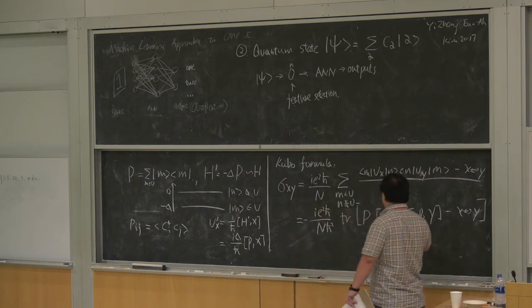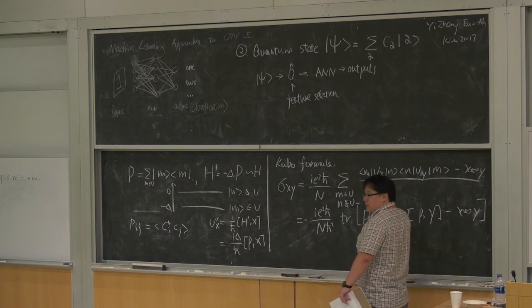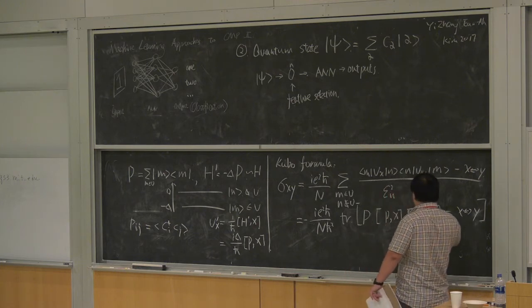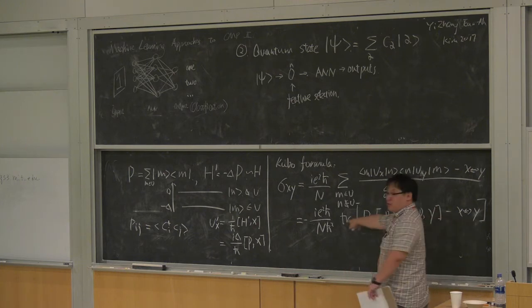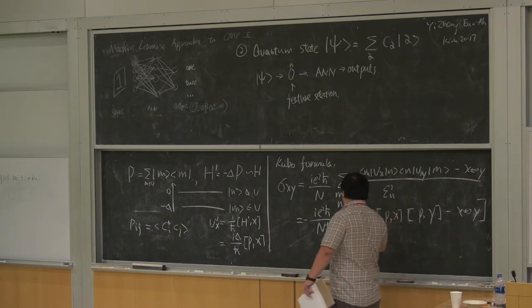What I can do is, here's a trace, I can put my real space indices here. So for example PJK, PKL, PLJ, because it has to be traced, so the tail has to come back to the head.